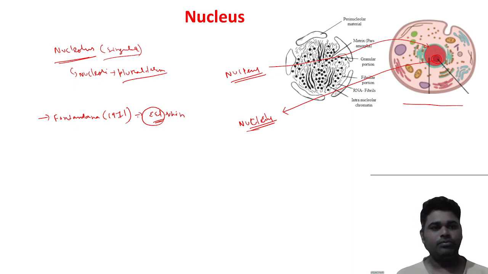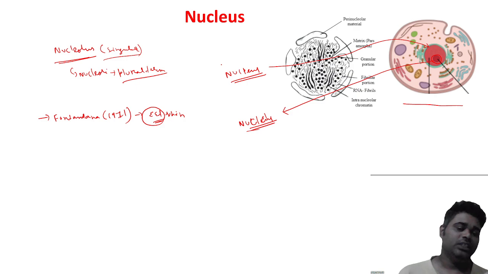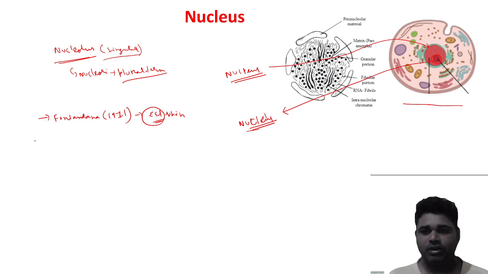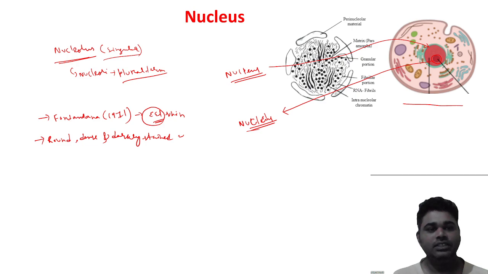Now come to the structure of the nucleolus. The nucleolus is a round, dense and darkly stained structure that is present inside the nucleus.